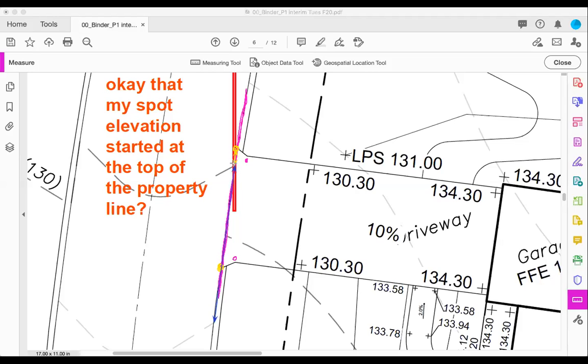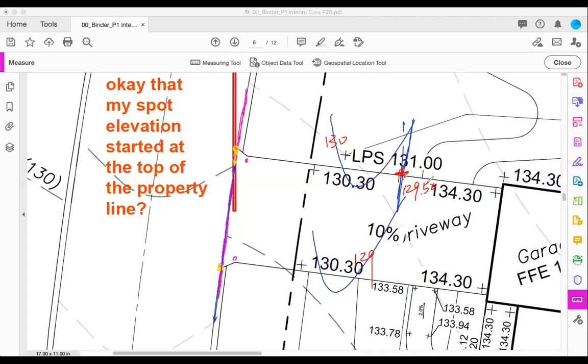For instance, if I give a very quick example, this is my road, and that's my curb, and that's where the driveway connects. If the spot is right in the middle, then I know that spot. For instance, if it's 130 and that's 129, I know the spot is 129.50.